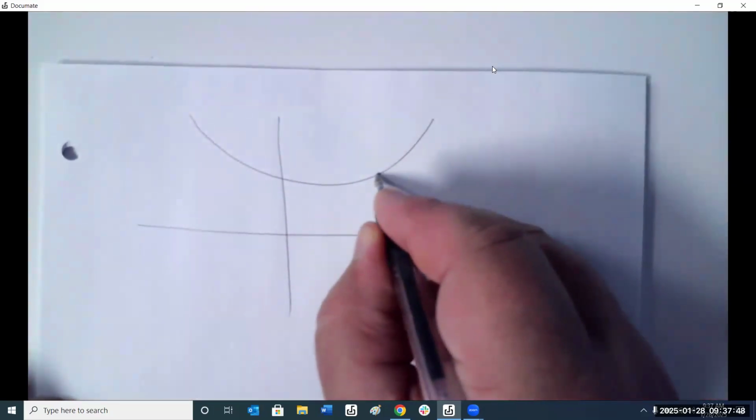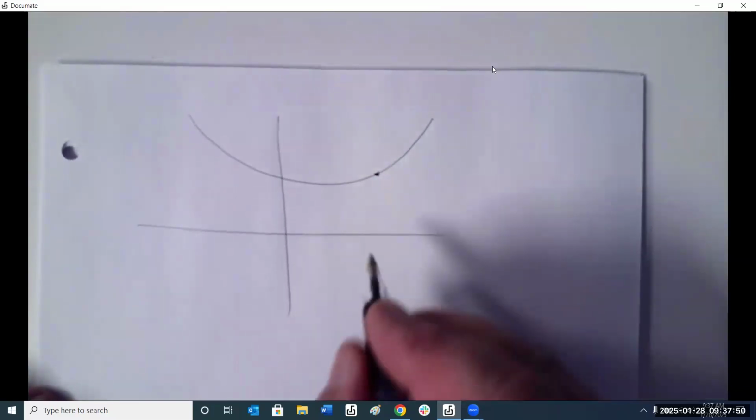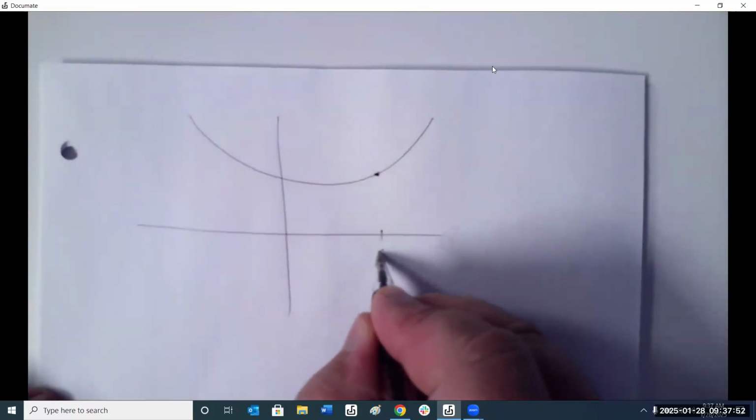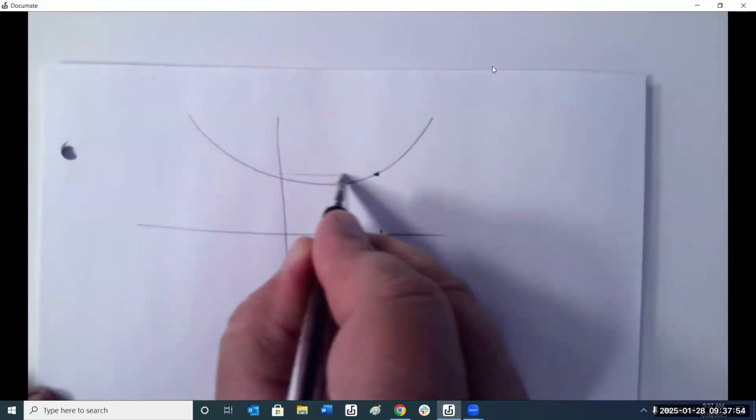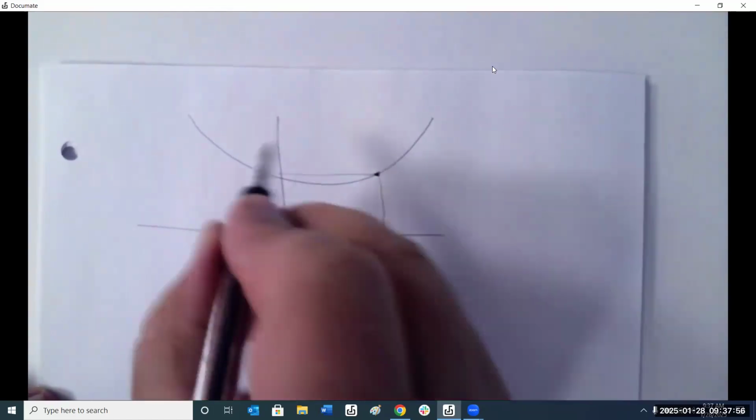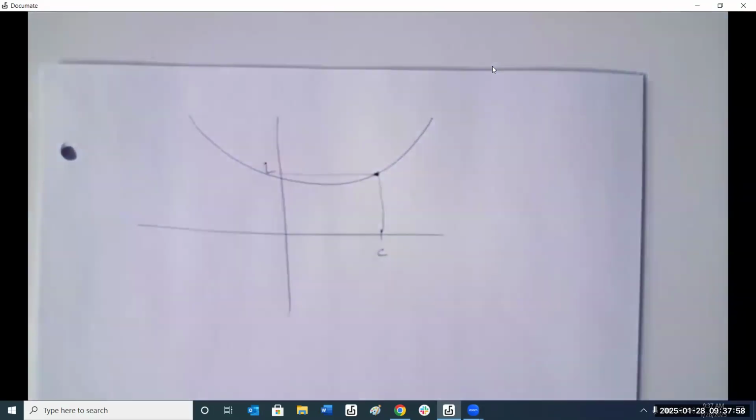Because to find the slope of a curve at a given point, we have to know the limit of that value, because the limit is telling us the slope at that point.